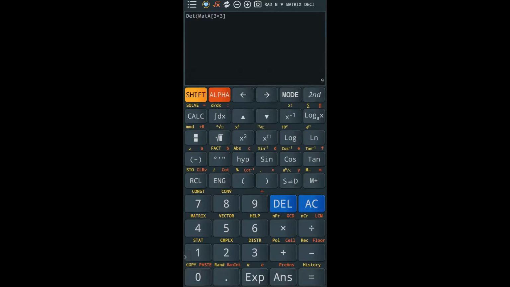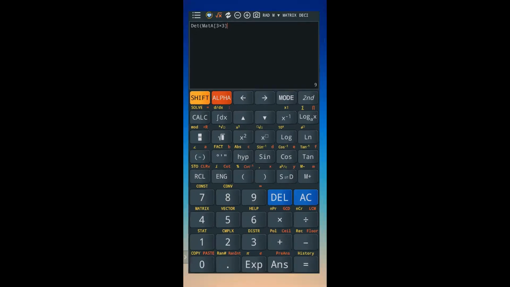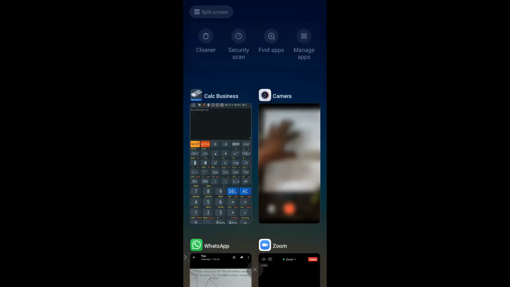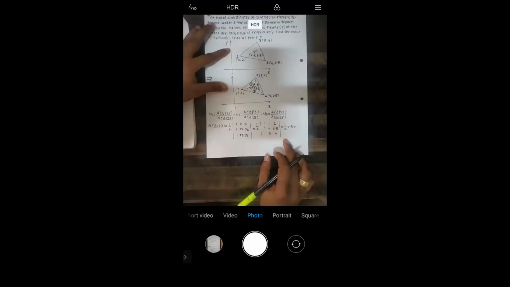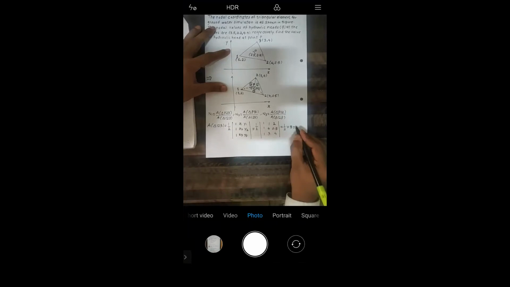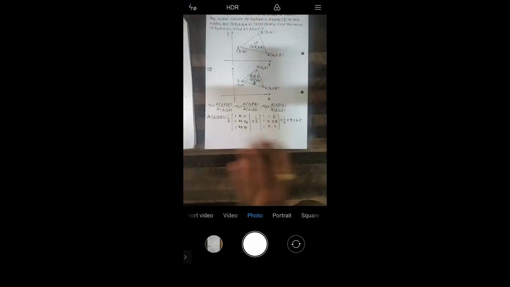Can you calculate the determinant of a matrix in a calculator? Yes, sir. So the determinant is 9, and half into this determinant 9 gives the term 4.5. Is it okay?